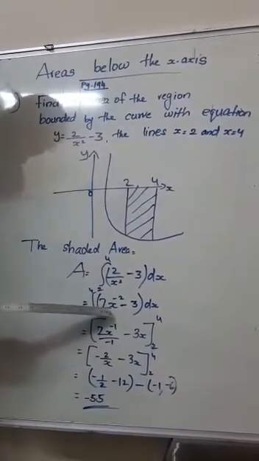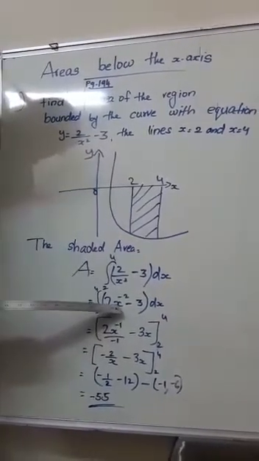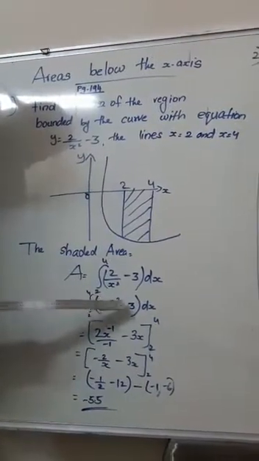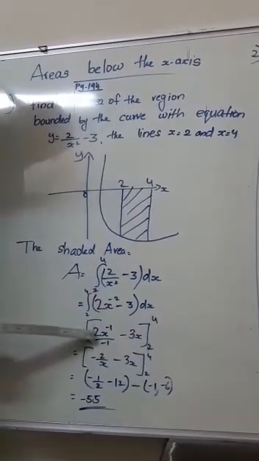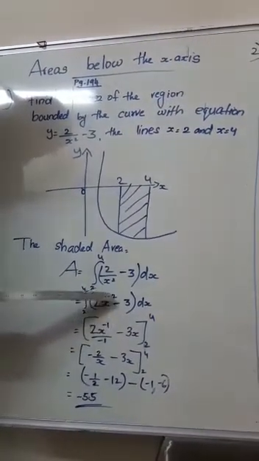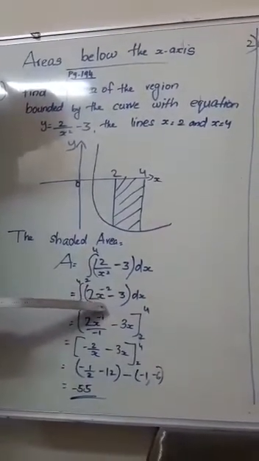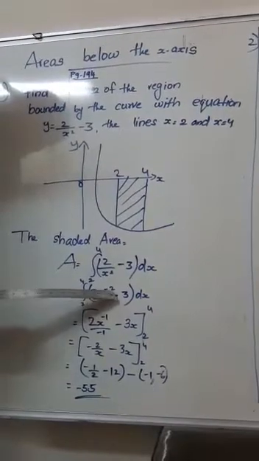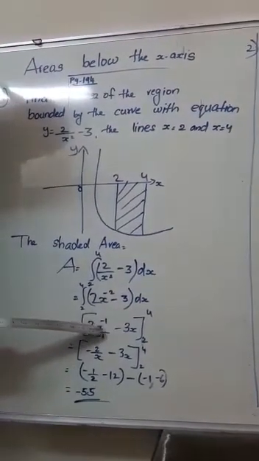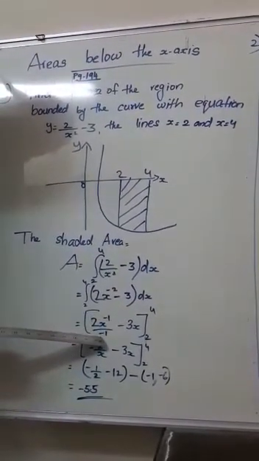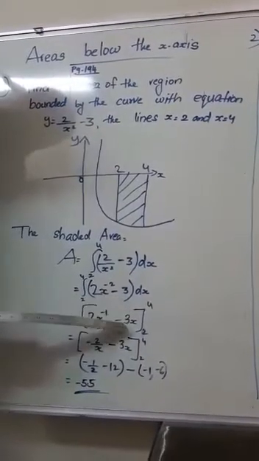You know the rule for integration, x to the power n plus 1 divided by n plus 1. So 2 I put like this. Now x to the power minus 2 plus 1 divided by minus 2 plus 1. Minus 2 plus 1 is minus 1. That's why 2x to the power minus 1 divided by minus 1, minus 3 means 3 times x.